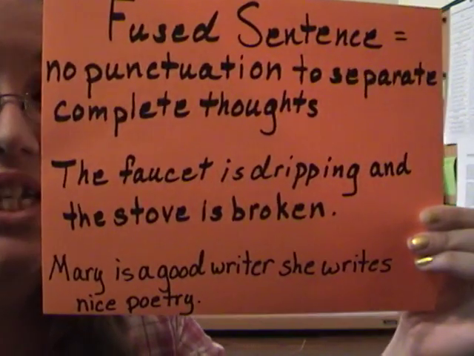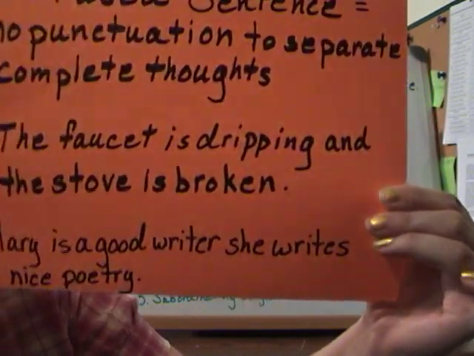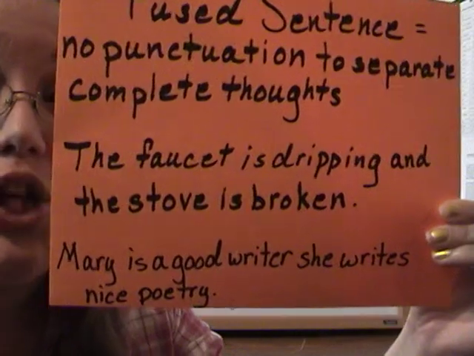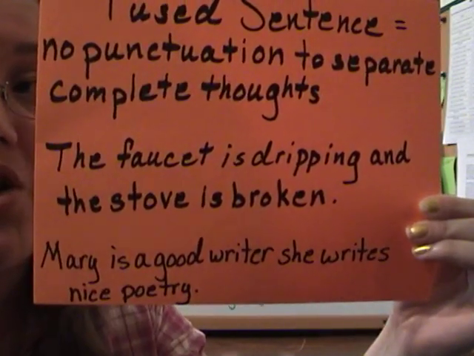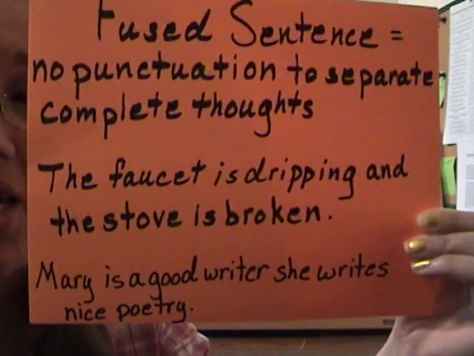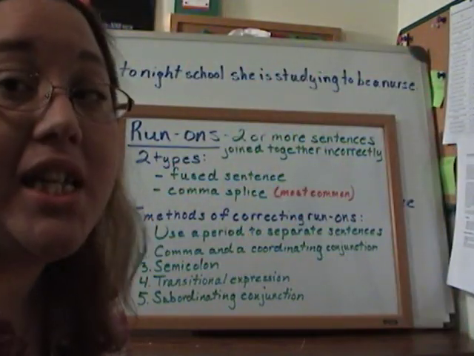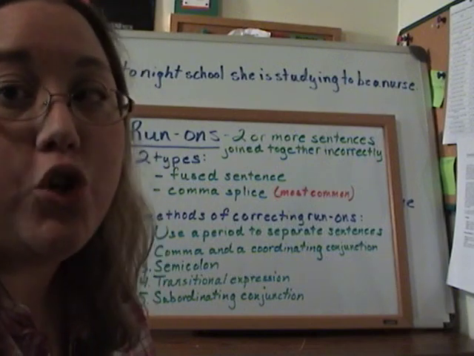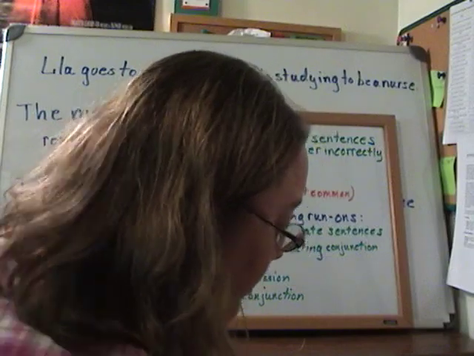So that's a fused sentence. Mary is a good writer. She writes nice poetry. Once again, two complete thoughts joined together, but there is no punctuation to separate those two sentences. So a fused sentence is two sentences joined together, but there is no punctuation to separate those complete thoughts.